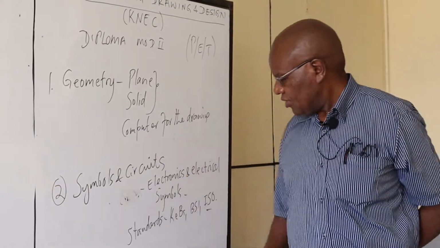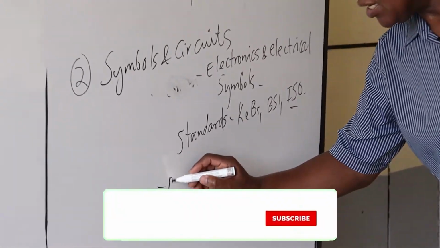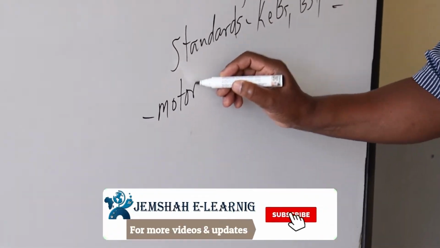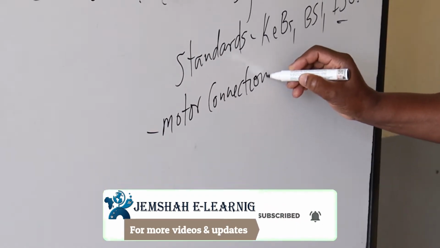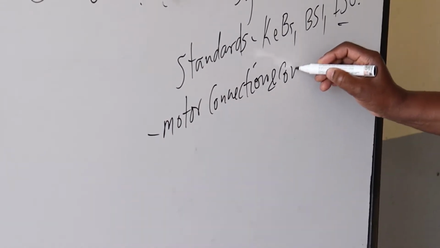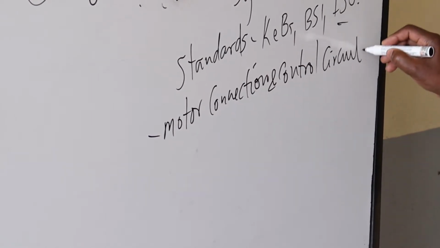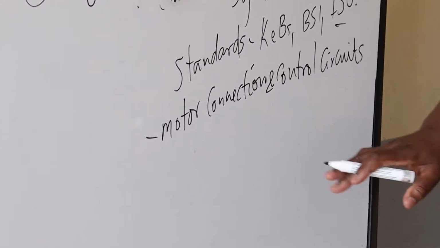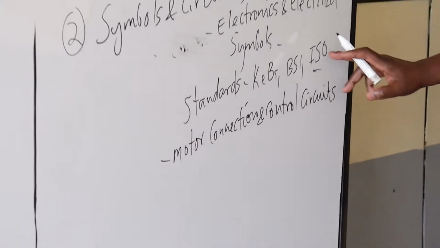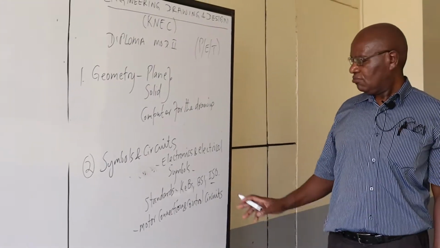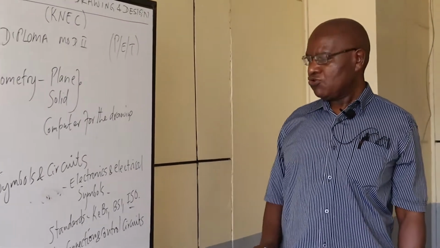Now, after the electronics and electrical symbols, we shall go for motor connections and control circuits. For much of our circuits and symbols, we shall be using the ISO symbols as well as the BSI symbols.